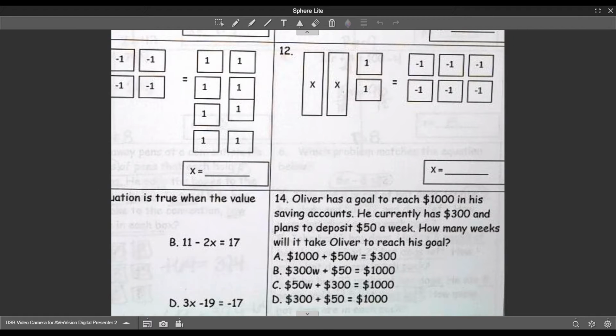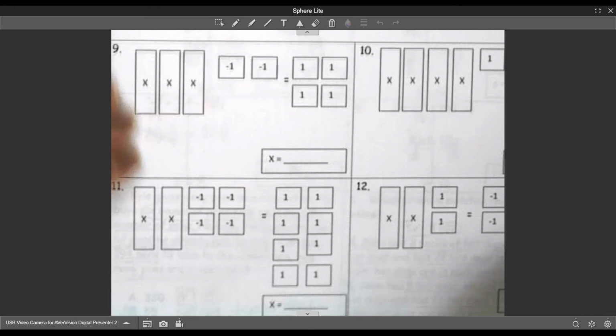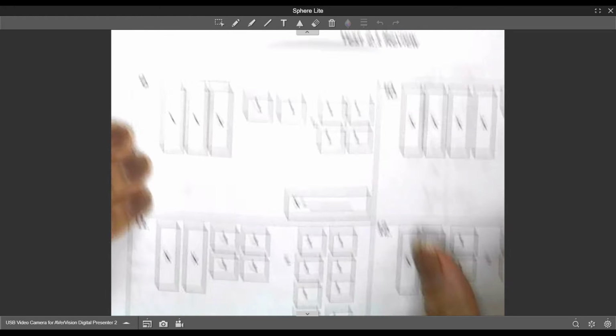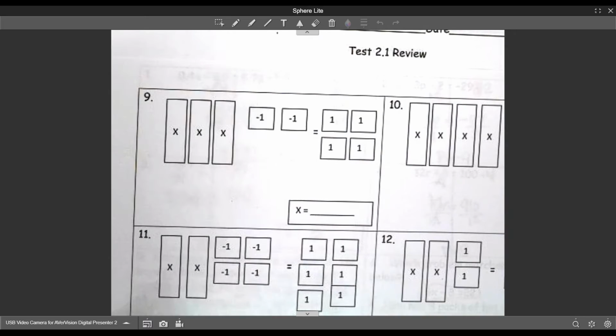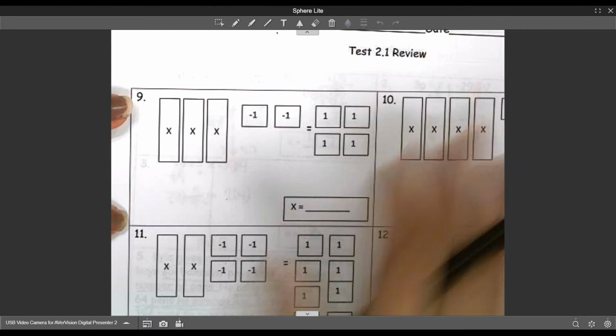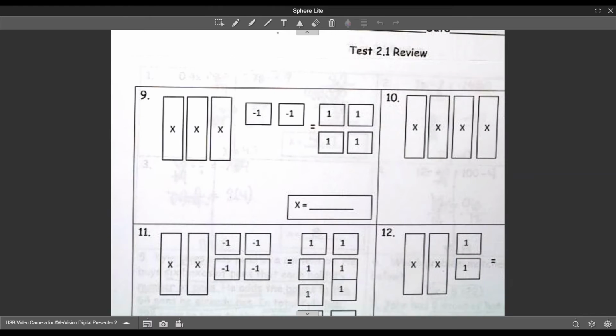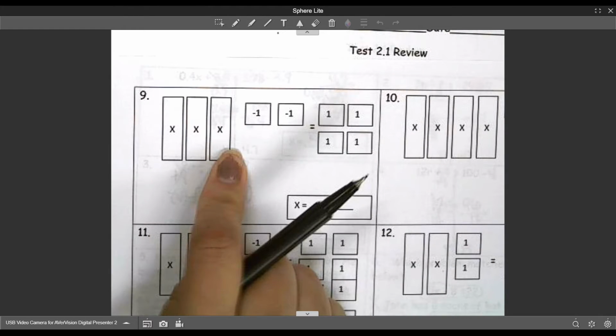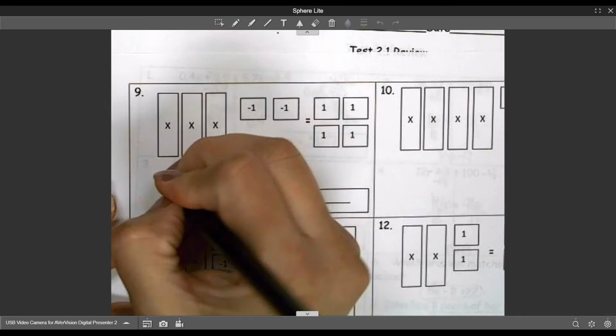Okay, guys, we're going to go ahead and continue on number 9. And this one says, this one's a model, and we're going to go ahead and just write down what we see, basically. How many x's do we see? 3 x's.